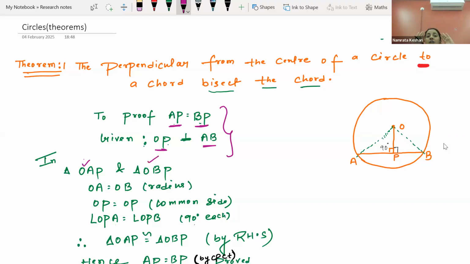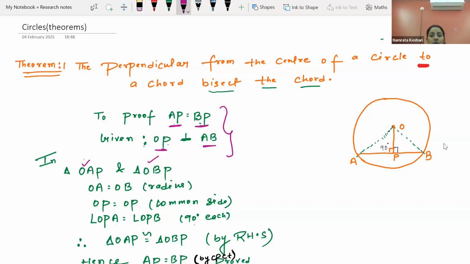In our mind it must be really clear what we are supposed to do. If we can prove that the left triangle and the right triangle are congruent, then of course AP and BP will be the same by CPCT, right?